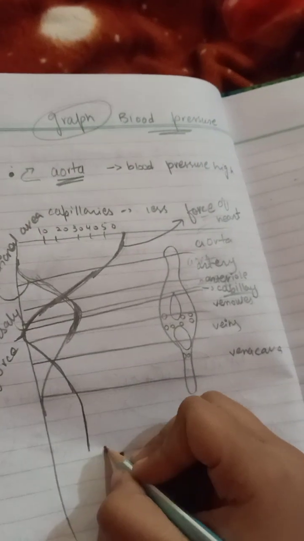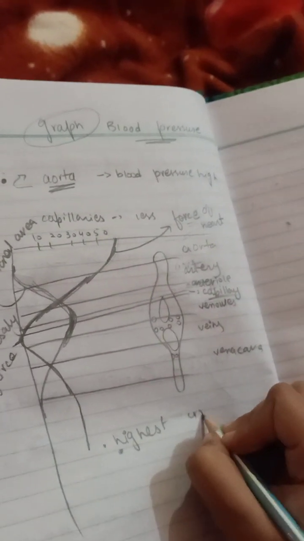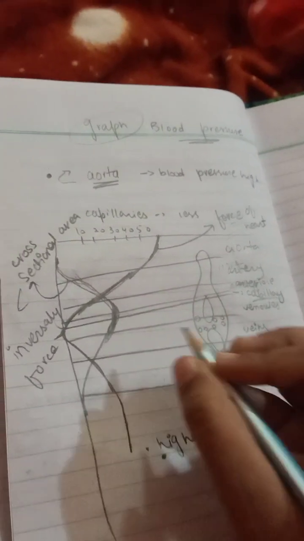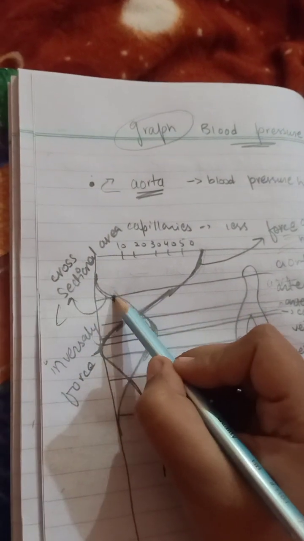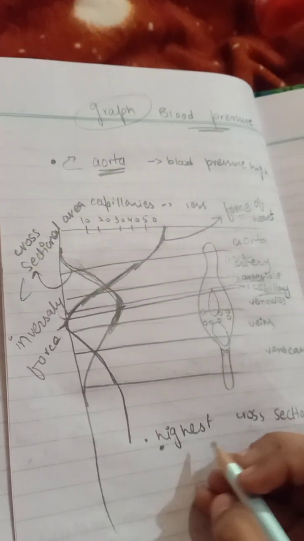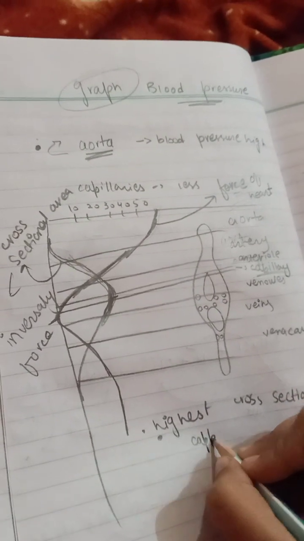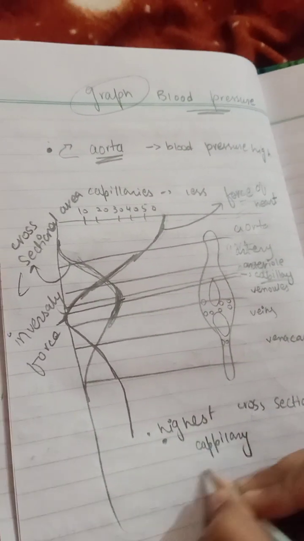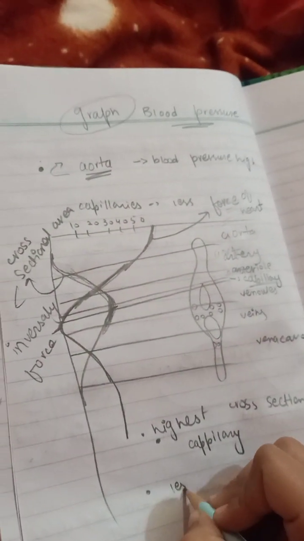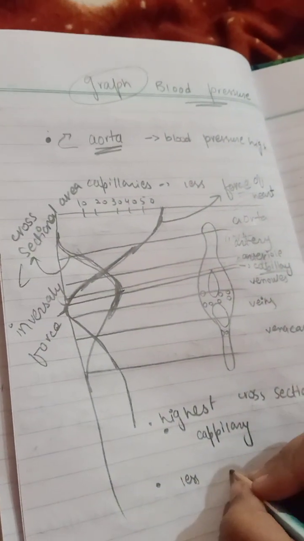So if we talk about the highest cross sectional area, which here it is less, it is greater at the capillary. The highest cross sectional area is at the capillaries. Why? Because there is very little pressure. If we talk about the least, the least cross sectional area is at the aorta.